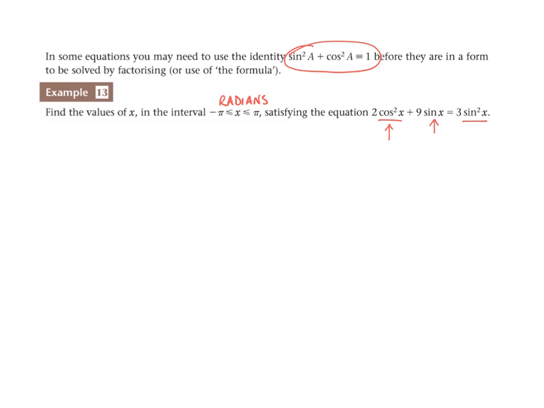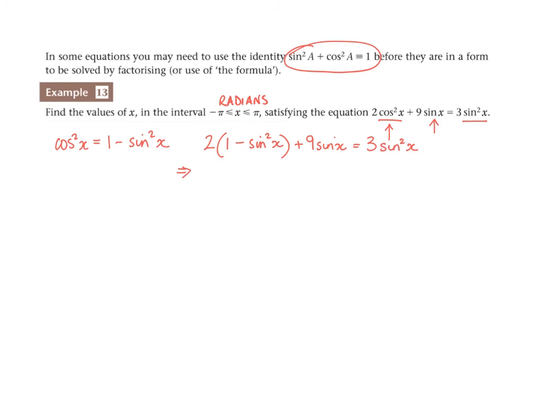So let's replace cos squared. Cos squared x is equal to 1 minus sine squared x. If we substitute that in, we will get 2 times 1 minus sine squared x plus 9 sine x equals 3 sine squared x.